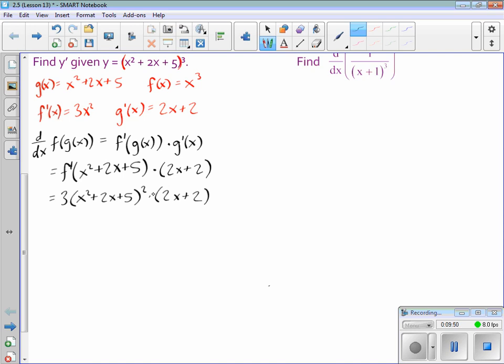What can I take out of this though? A 2. So if I take a 2 out, I'm left with 6 times x plus, what will this be? x plus 1, because I took a 2 out, and then I'm just going to leave this alone. So this would be my derivative.